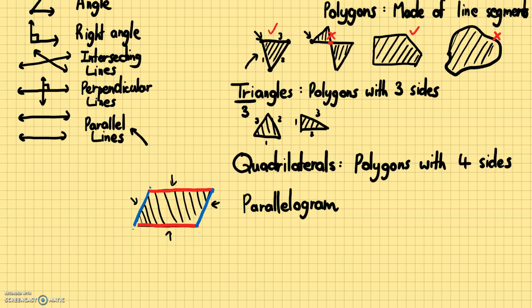Now, a special kind of parallelogram is one where all of its angles are right angles. Remember, we looked at right angles before. So this right here is also a parallelogram because this side and that side are parallel, and also this side and this side are parallel.